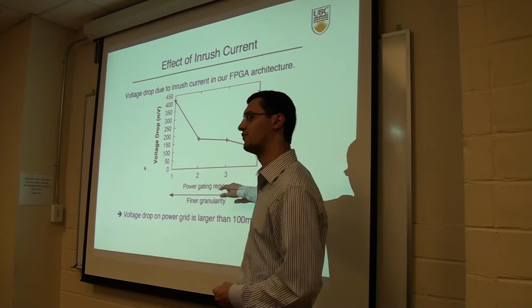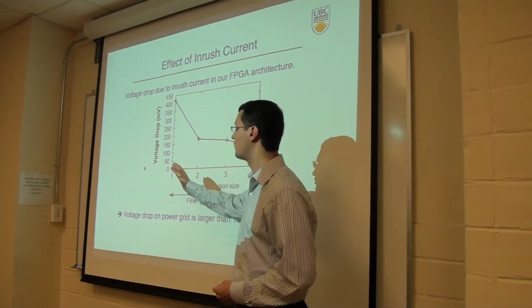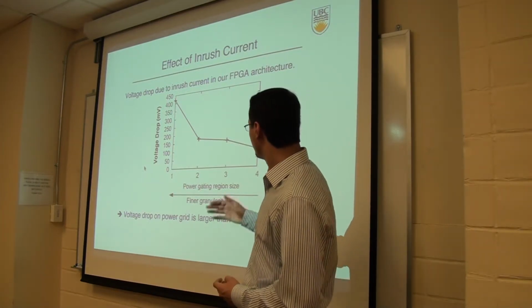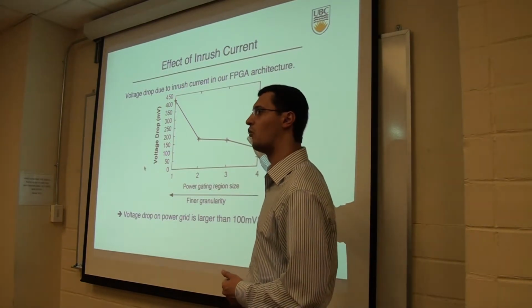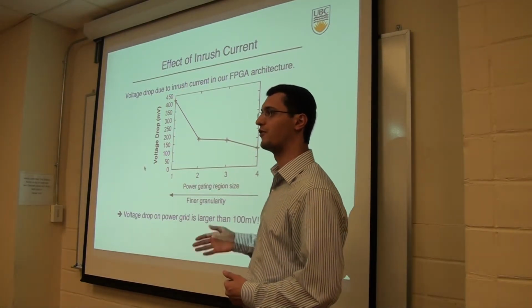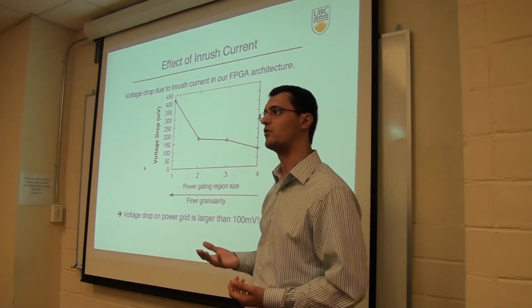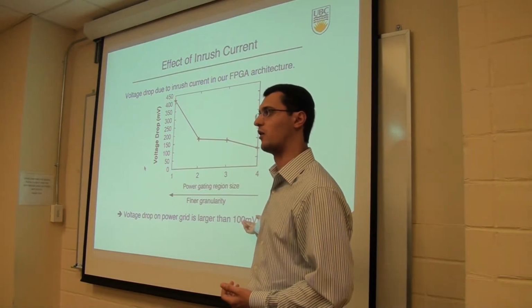The x-axis shows the region size of the power gating architecture, and the y-axis shows the voltage drop on the power supply lines. What we can see is that the voltage drop is more than 100 millivolts, which, if you think about technology where the voltage is less than 1 volt, is a large amount.